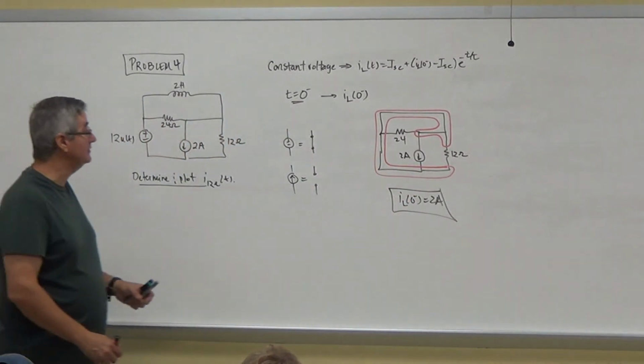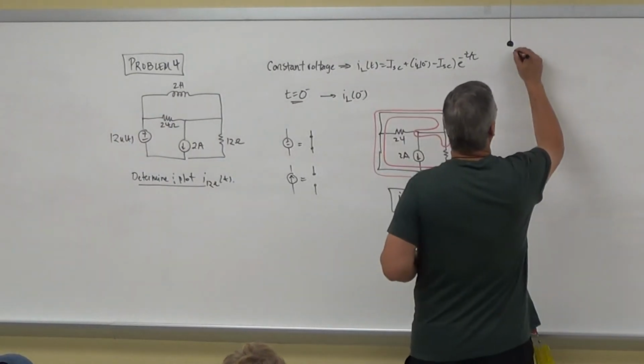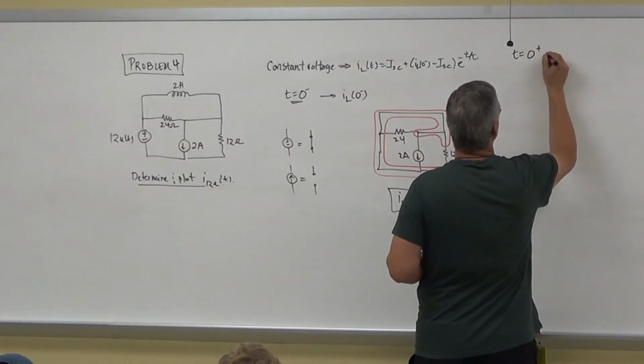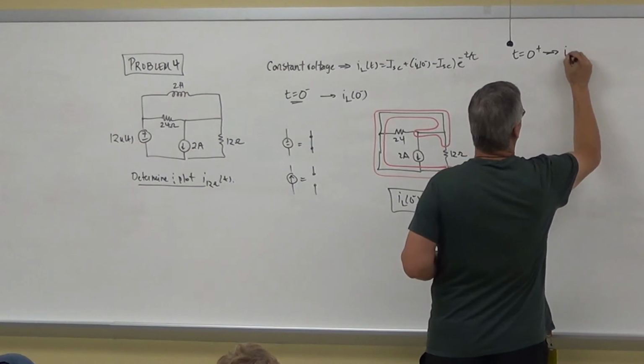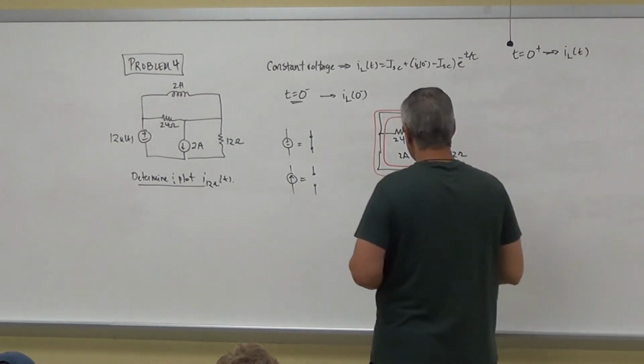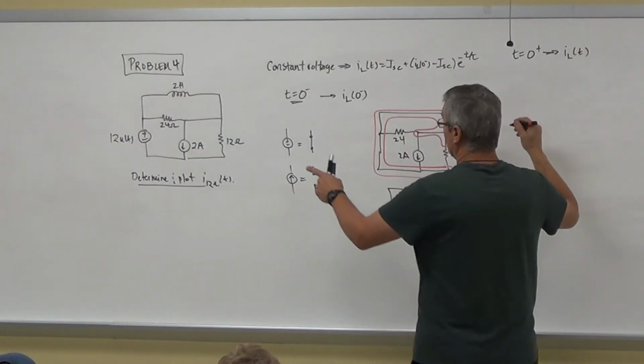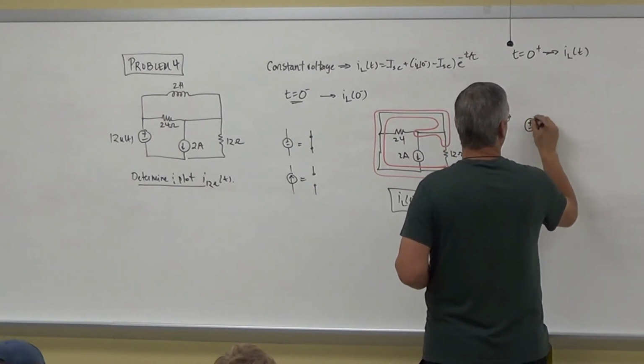So if that's the case here, now I'm at t equal to 0 plus. So now I'm going for IL of t. So when I look at my circuit, I have this guy.